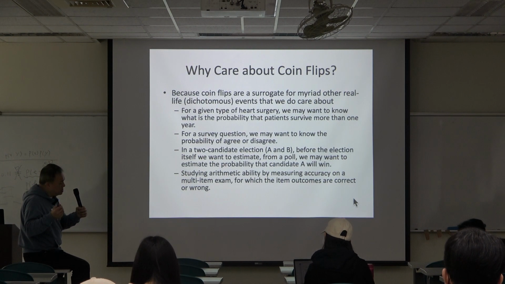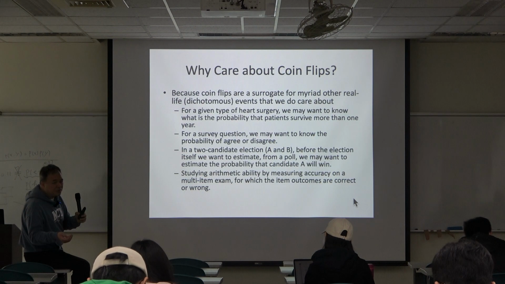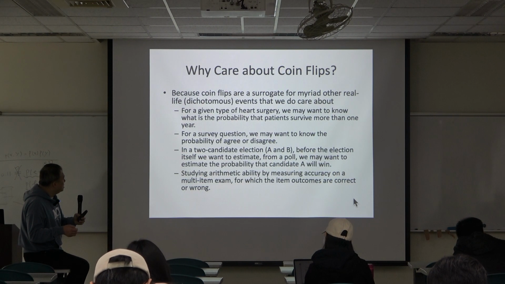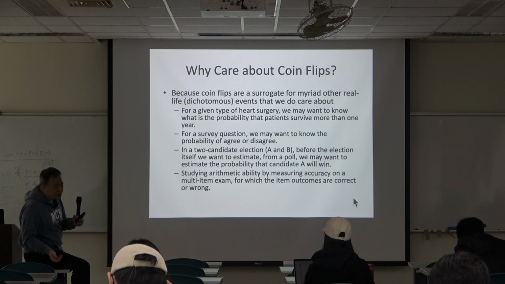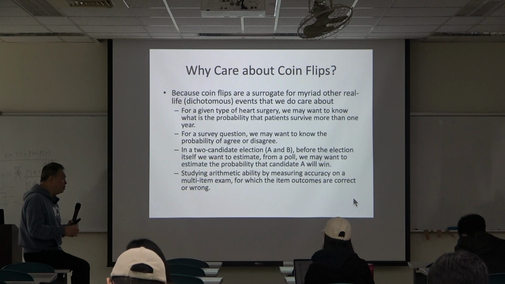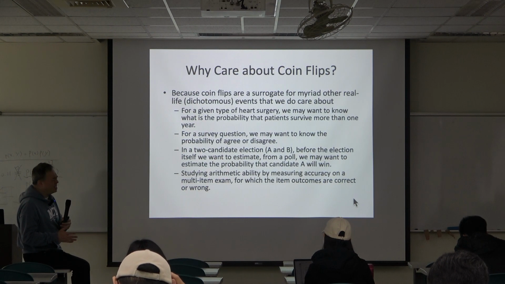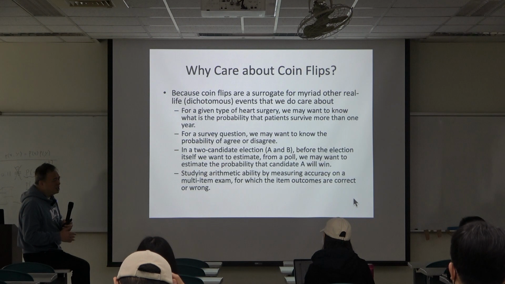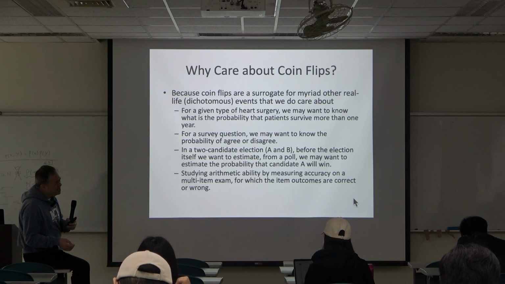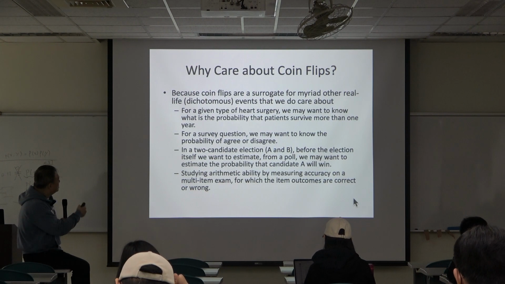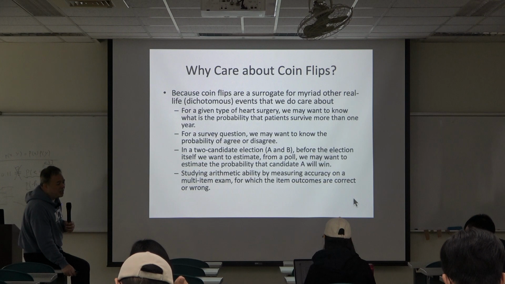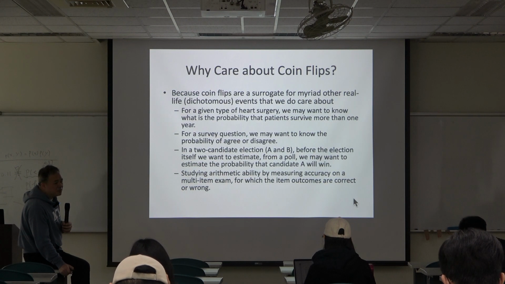If you define that after a surgery, the patient surviving more than a year means successful, and if after surgery the patient does not survive more than a year, it is a failure, then you can link the success to the coin flip head and the failure to the tail. And obviously the surgery can be treated as a coin flip, right?